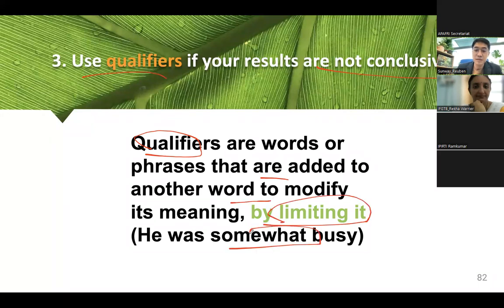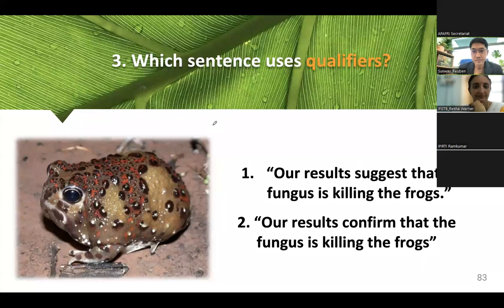For example, somewhat is a kind of qualifier: he was somewhat busy. In science, you're allowed to use that, and in fact it's encouraged, because if you don't use qualifiers, you are too sure of your results, and reviewers might pick a hole and say, are you sure you did all the experiments correctly? Maybe there were some variables that you failed to consider.